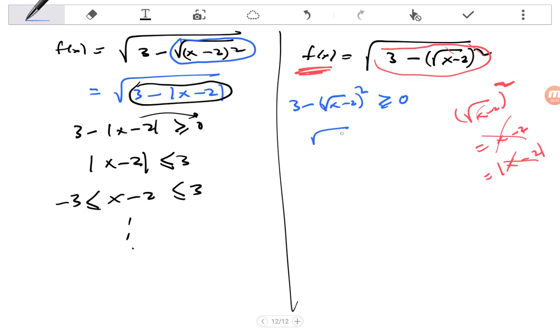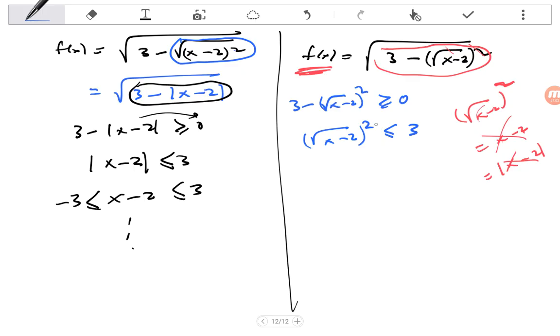So the root of x minus 2 all squared is less than or equal to 3. I need to solve this inequality. How would I solve it?